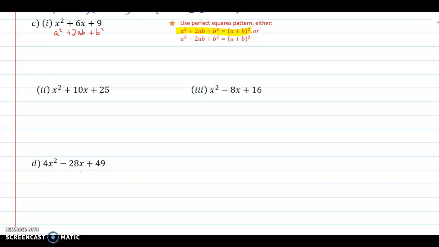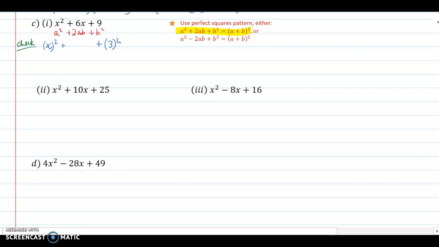Hopefully you can recognize with a bit of practice that it's the positive version of your perfect squares pattern. And the best way to approach it is to do a little check. Is the first and last number a square number? Here, this is definitely x squared, and at the end there, that's definitely 3 squared, so they're both square numbers.